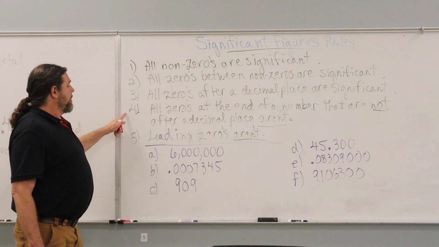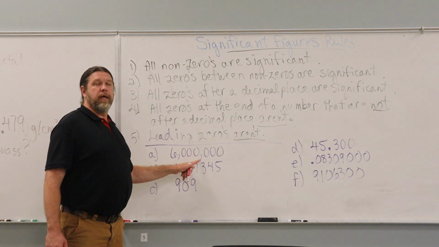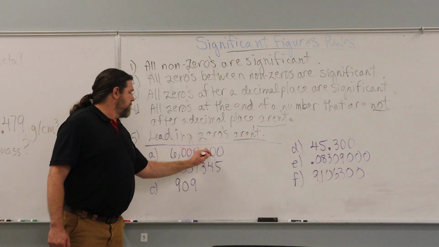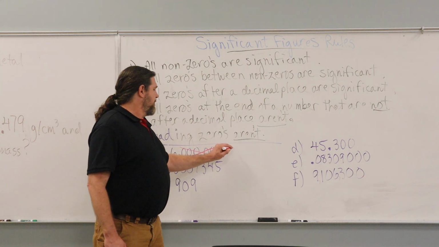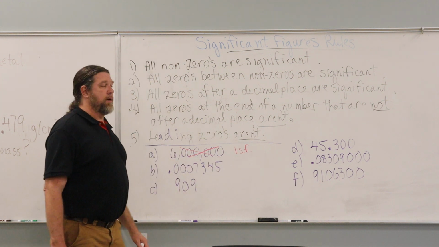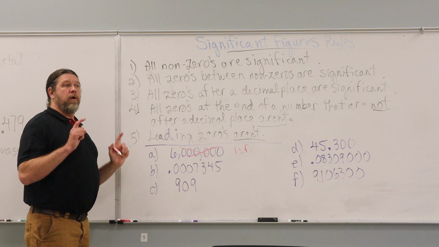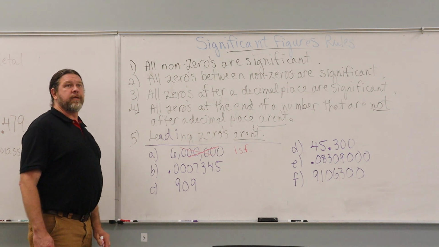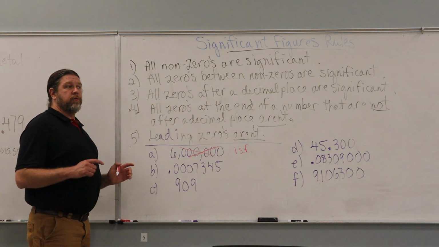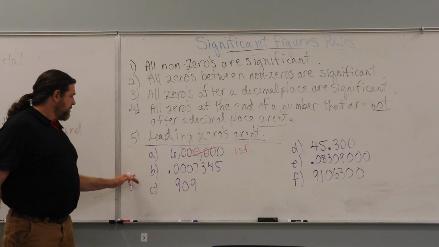Because of rule 4, there's no decimal place here. We assume that these are not significant, and so this is one significant figure in this number. What's going to happen to all these zeros? This will be for our next video. We're going to analyze each one of these numbers, and you'll see why certain things are significant or not.